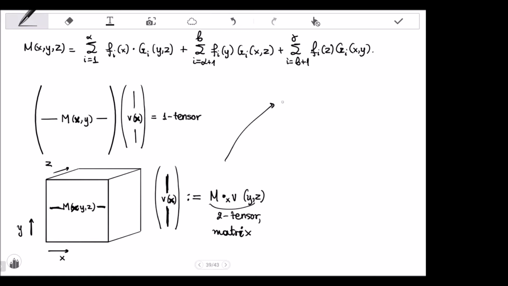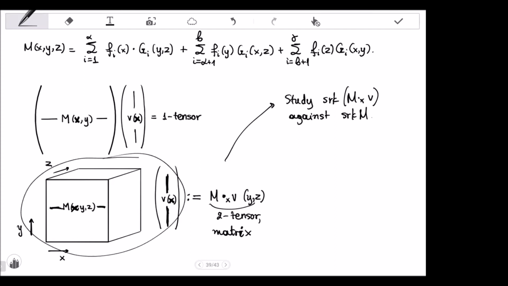The first is you study the slice rank of this product, or just the regular rank. It's the same thing, it's just a 2-dimensional matrix. Over all possible v, and you relate it to the slice rank of the original matrix. If you know something about the original slice rank, what can we say about the slice rank of these things?